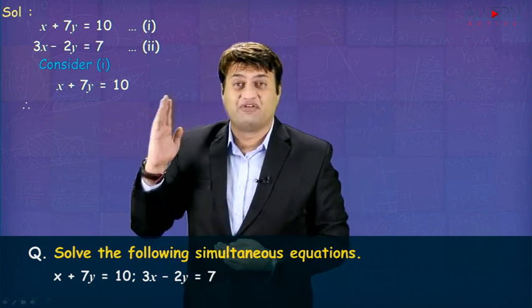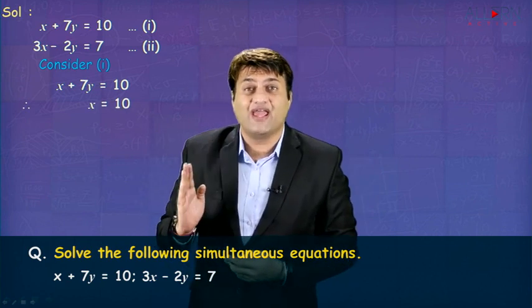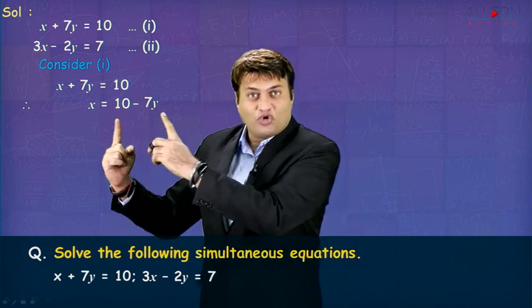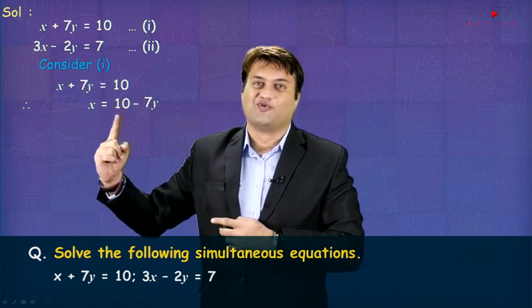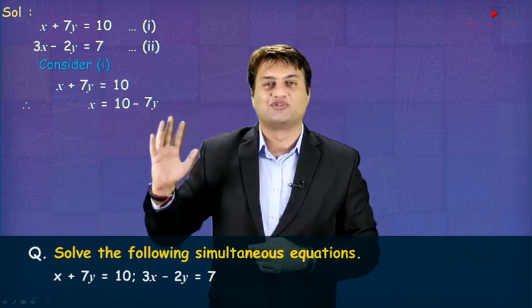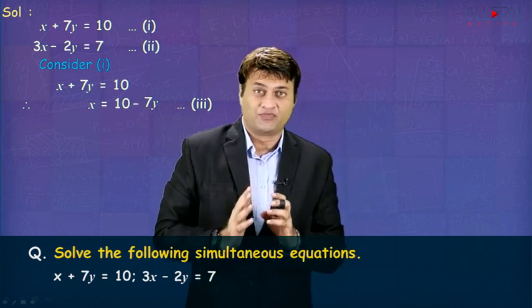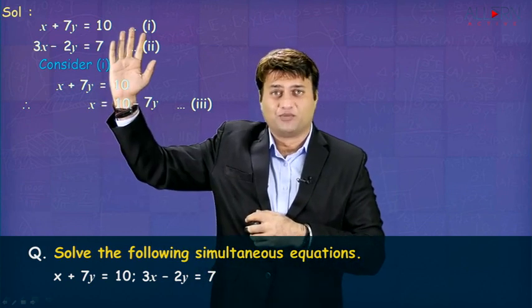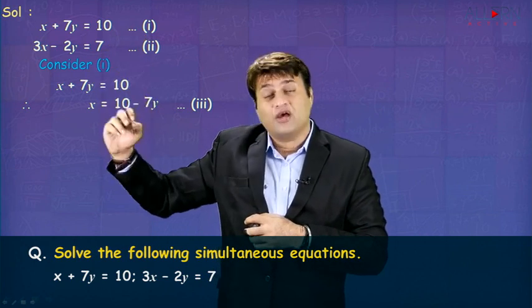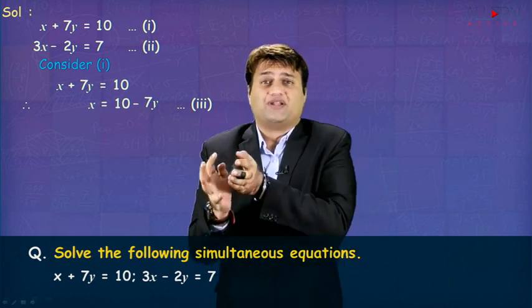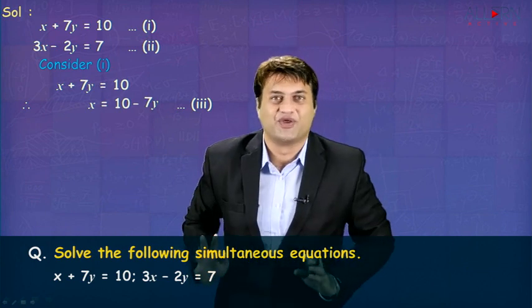So we get x is equal to 10 minus 7y. You can see this is of the form x is equal to something. Let this be equation number 3. So what we have done so far: we considered a simpler equation, that is equation number 1, then we wrote it in the form of x is equal to something by shifting the larger coefficient, that is 7y, to the other side.